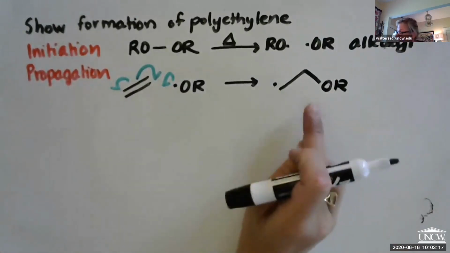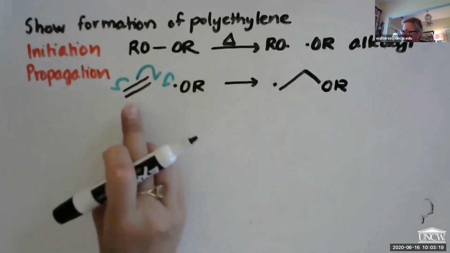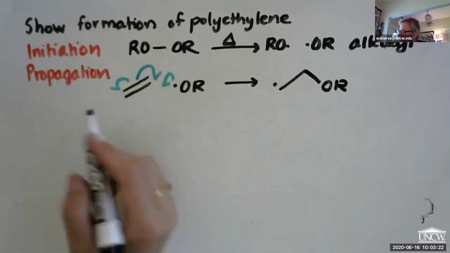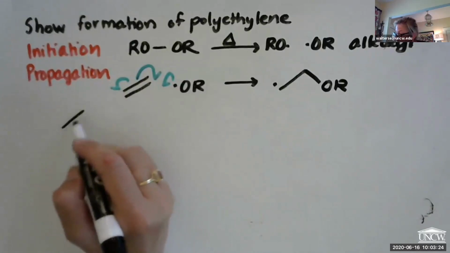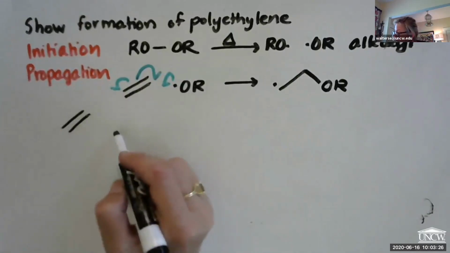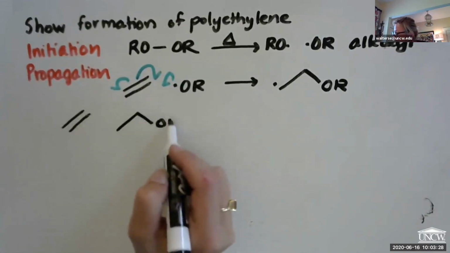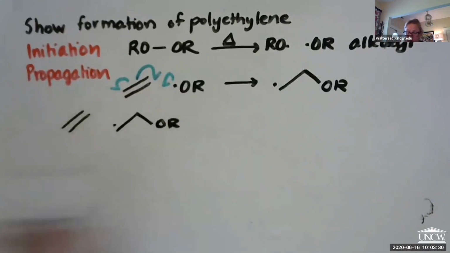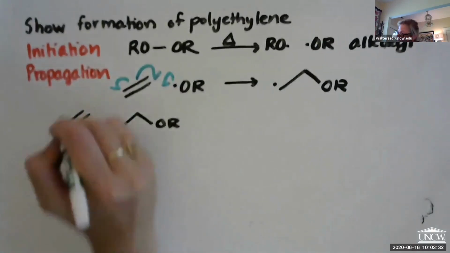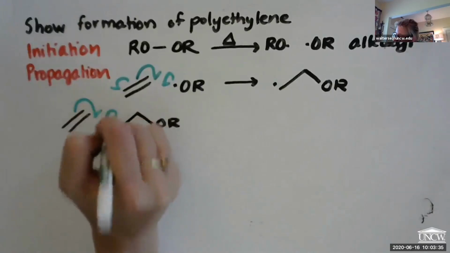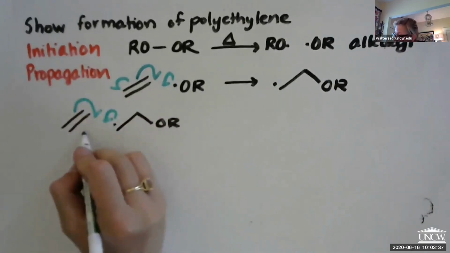Okay. Now this species has to react with a second ethylene. So we have another ethylene here, and a radical. And now when we link these 2 species, we're making a new carbon-carbon bond.